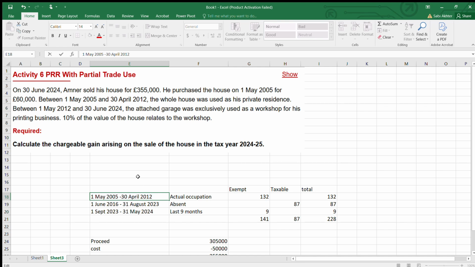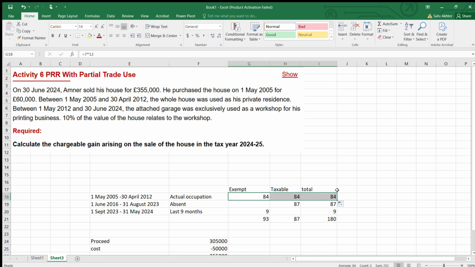How many months? 7 years, so just change this to 7, 84 months. Okay, 84 months, actual occupation, exempt.